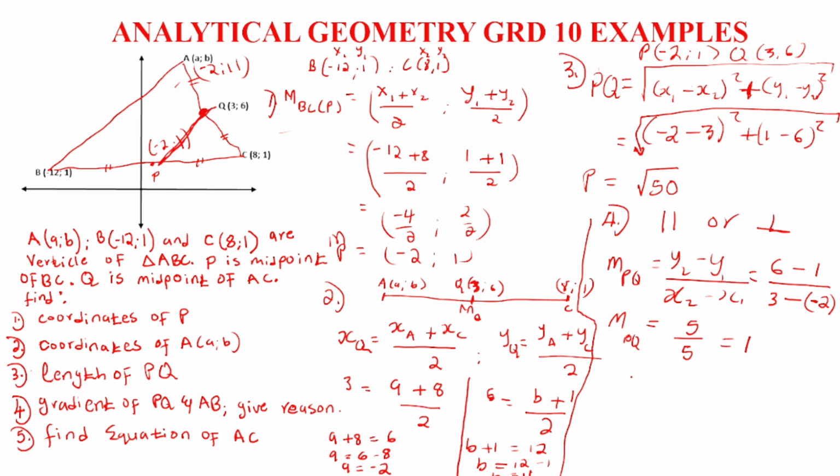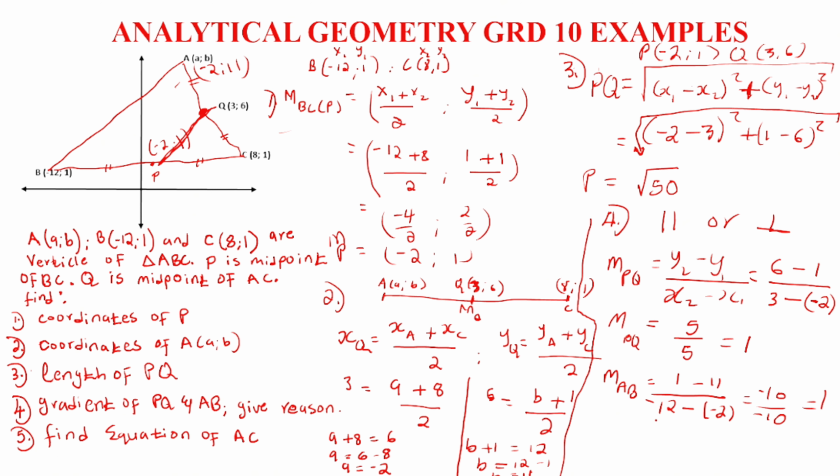So let's go ahead now and look for the gradient of AB. I'm just going to do a straight substitution, guys. We already have the coordinates of A and B. It's going to be 1 minus 11 all over minus 2 minus 12, which gives us minus 10 over minus 10, which is equal to 1.